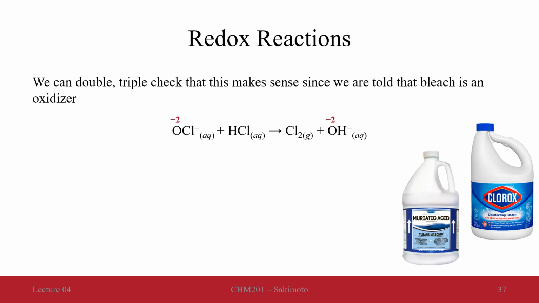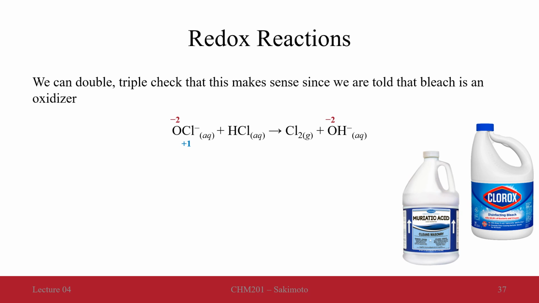Once again, our rules say that oxygen, when combined in a covalent bond, is almost always assigned a minus 2 oxidation number, more electronegative than most other things. Looking at our OCl minus, that means that to balance this out, this chlorine must have a plus 1 oxidation number. Minus 2 from oxygen, plus 1 from chlorine gives a net minus 1 charge for this OCl polyatomic anion.